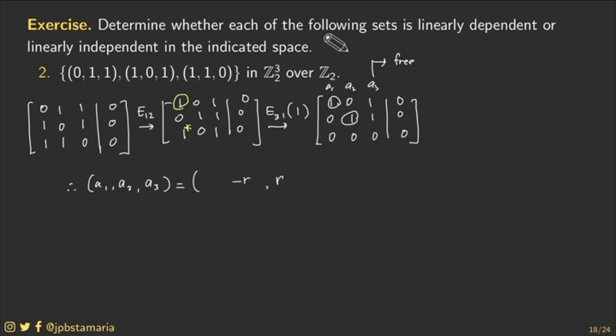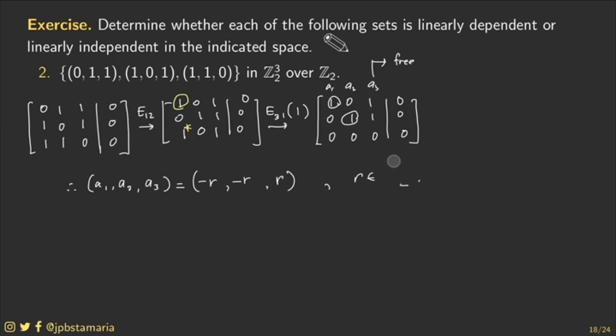Negative R. If we set A3 to R, what's going to be A1? That's minus R, right? Where R is an element of Z2.